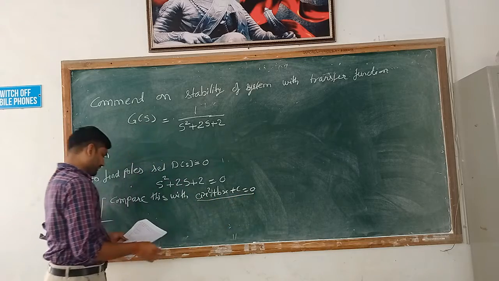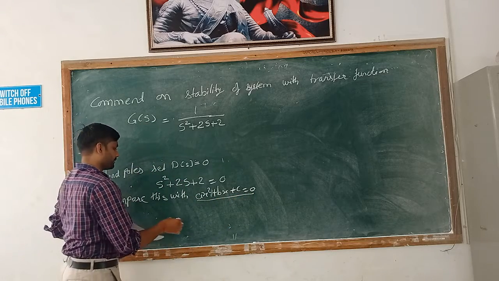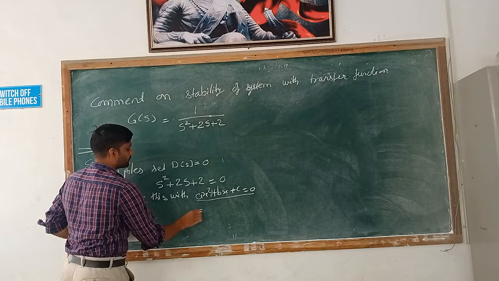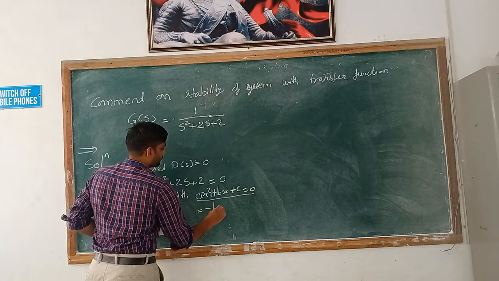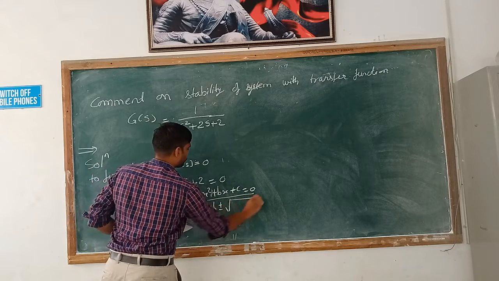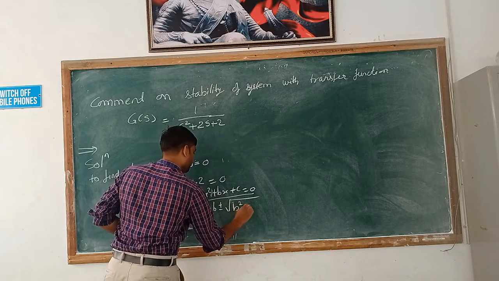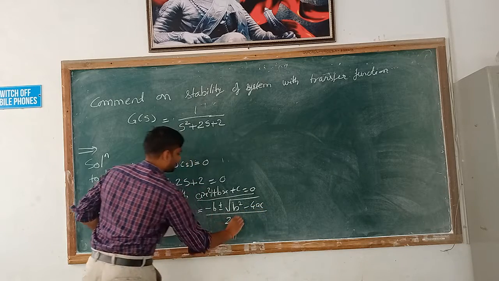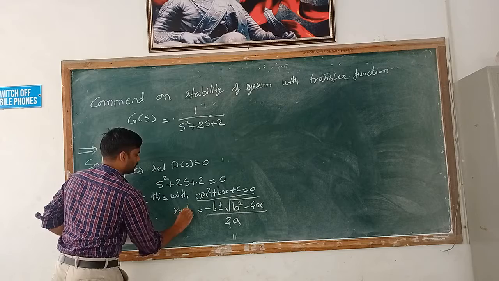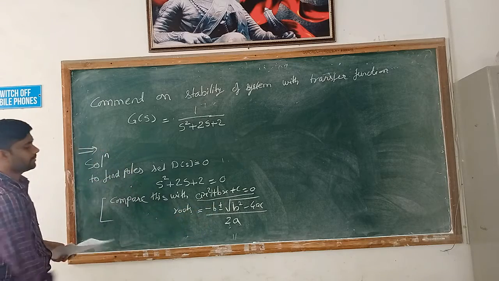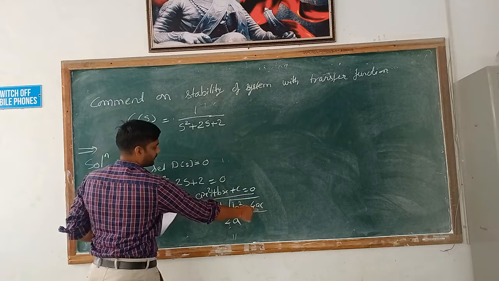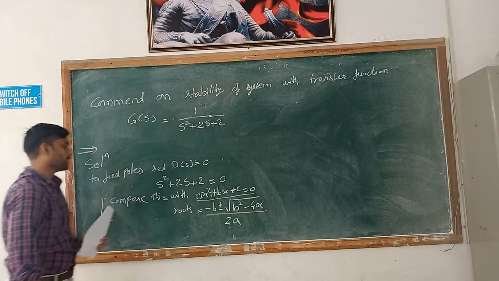When this equation is like this, we will get this formula as roots is equals to minus b plus minus under root of b square minus 4ac upon 2a.